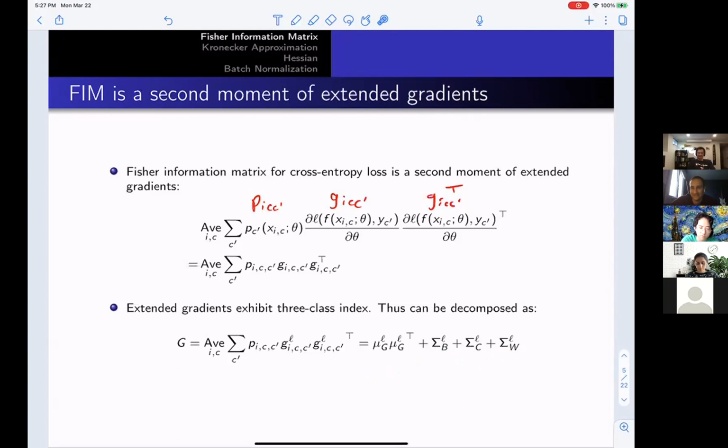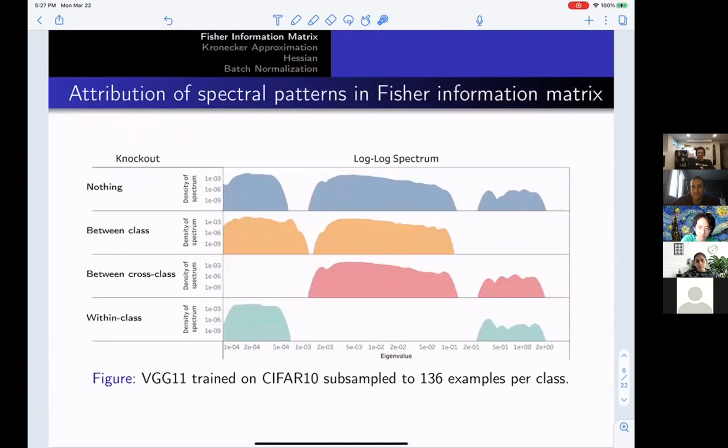Okay, now I will not bore you with showing you a bunch of plots except just one. What this plot shows you is the spectrum of the Fisher information matrix, in the first row. And what you can see is that the spectrum of the Fisher information matrix has 3 parts to it.